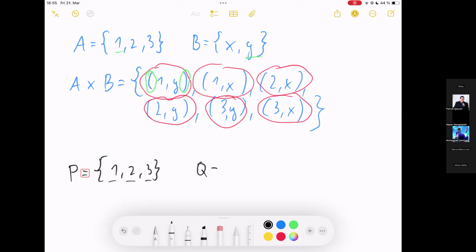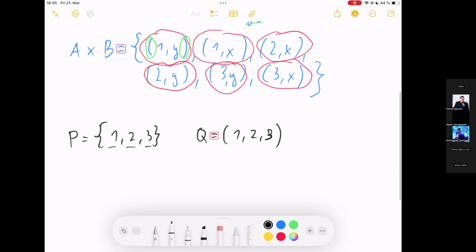But if we have Q, which is a tuple, we put 1, 2, 3. Then this is a tuple, so we have elements 1, 2, and 3 in it in exactly that order. We could say this is Q1, and we could have Q2, which could be something like 2, 1, and 3.